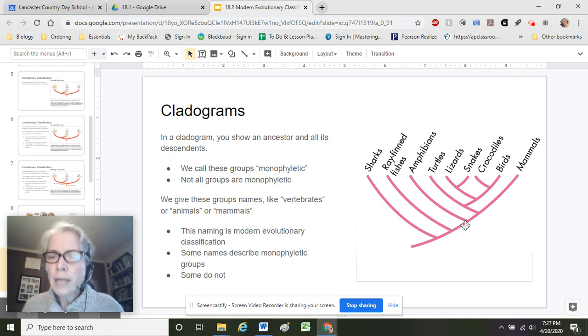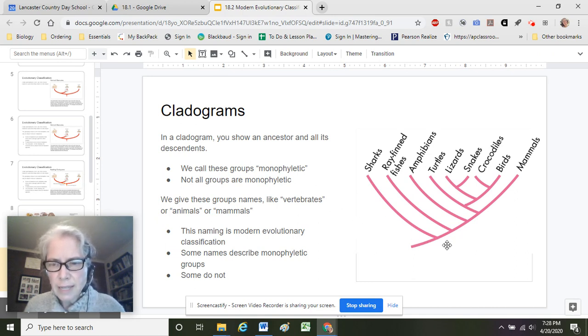Well, we name these groups. Okay, so a clade can be a named group, and we call a name monophyletic if that name includes all the descendants of a particular ancestor.